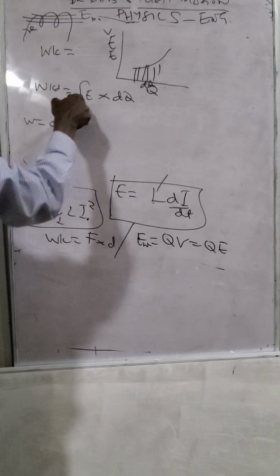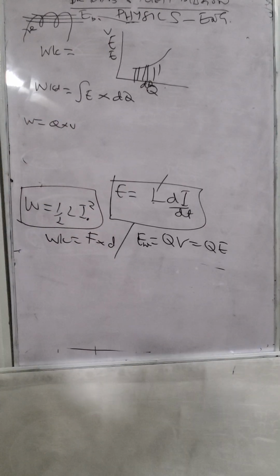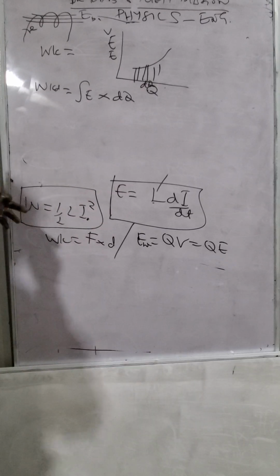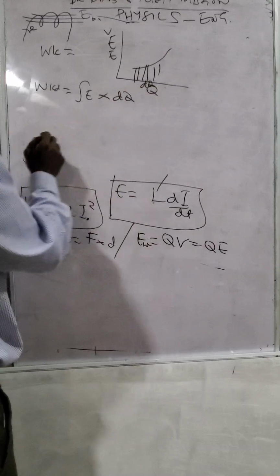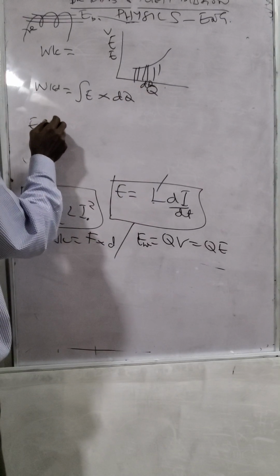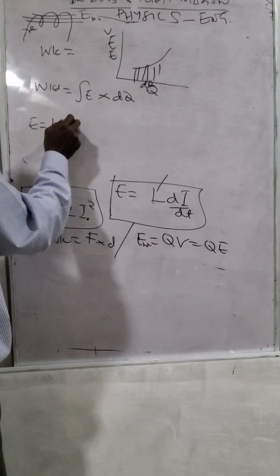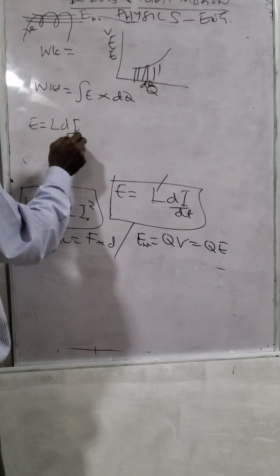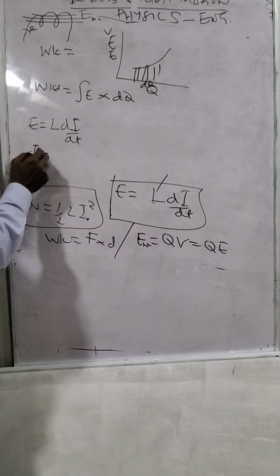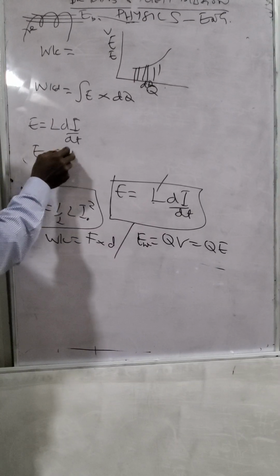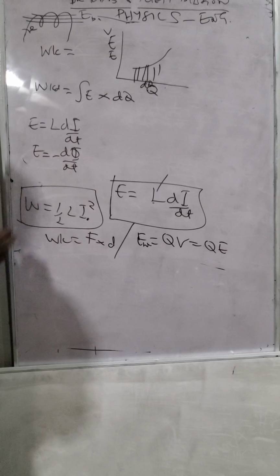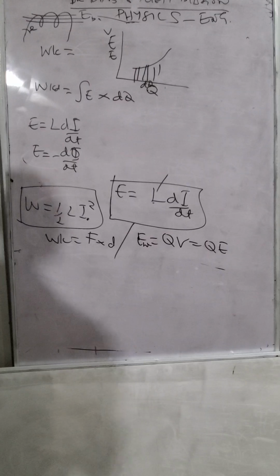So here is the EMF. We want to find the energy in the inductor. We know E is defined by L times the rate of change of I with respect to T, and E is also equal to the flux change over T. This one we'll look at later.